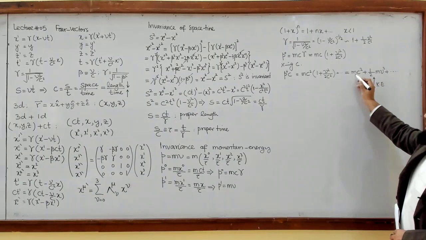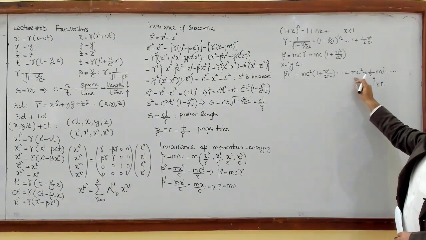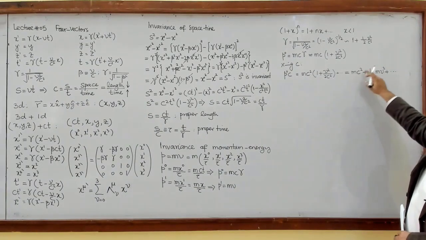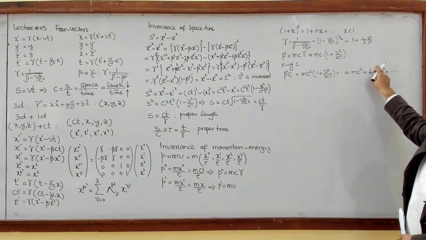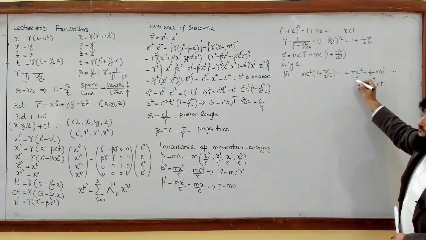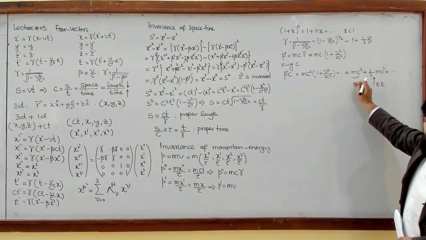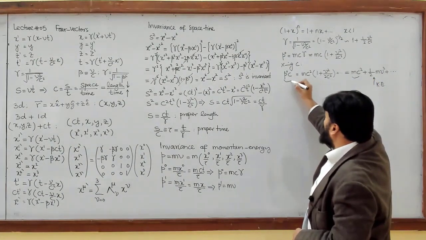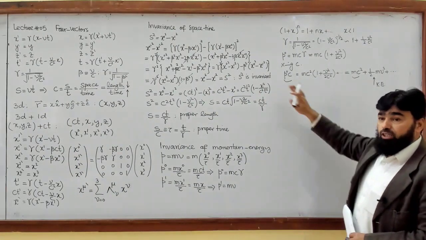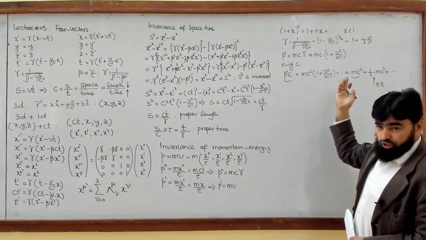What about this one then? Dimensionally, this one should be energy because energy is added with energy. So this is also energy. What kind of energy is this one? P0 c is also energy because energy is equal to energy.